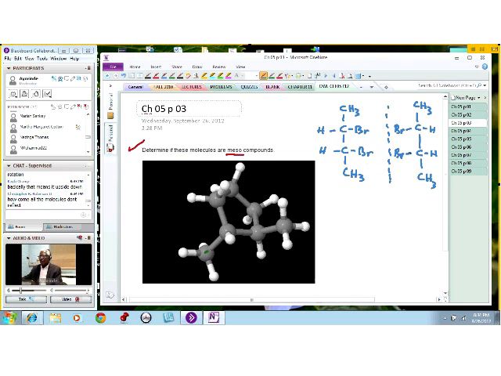As you can see, if I rotate this 180 degrees and then slide it, they will superimpose on each other. But this is another way in which I want to show you without having to do the mirror image.